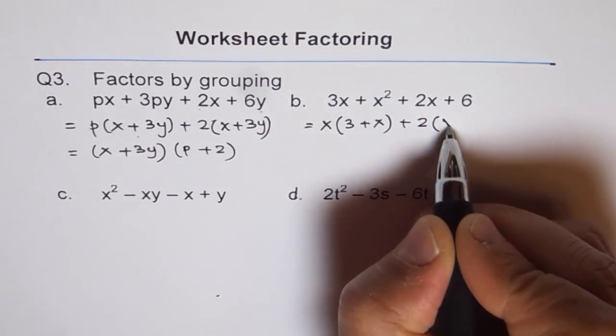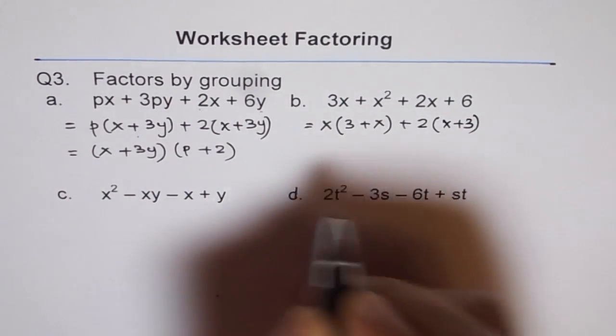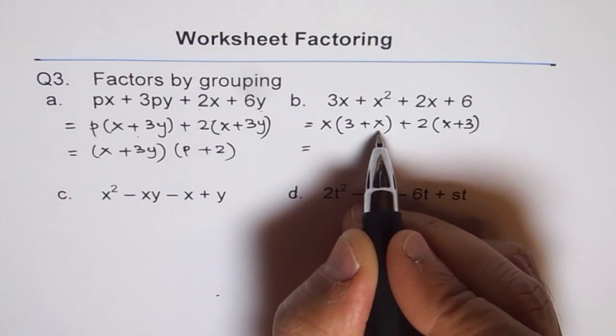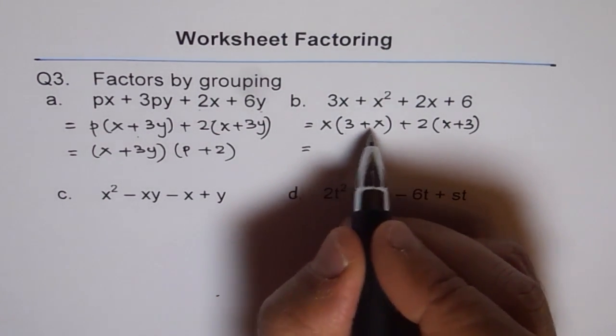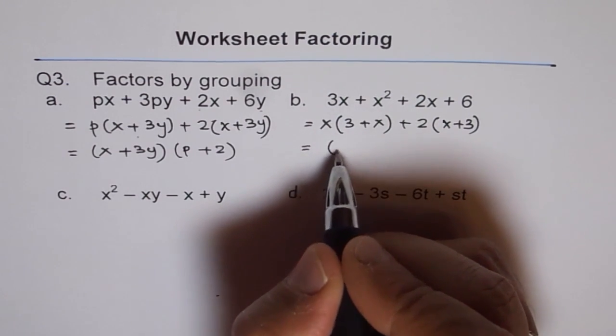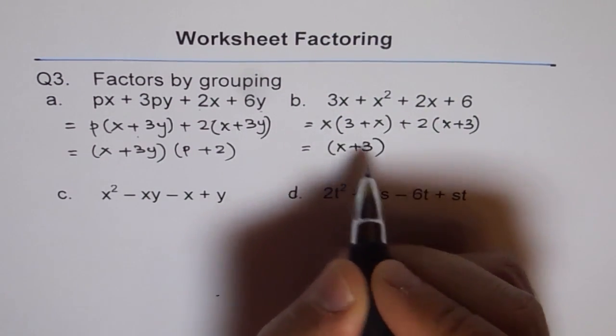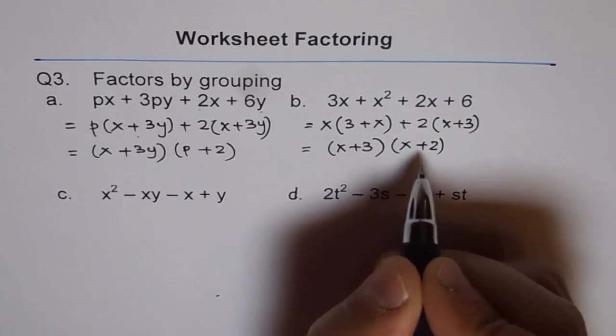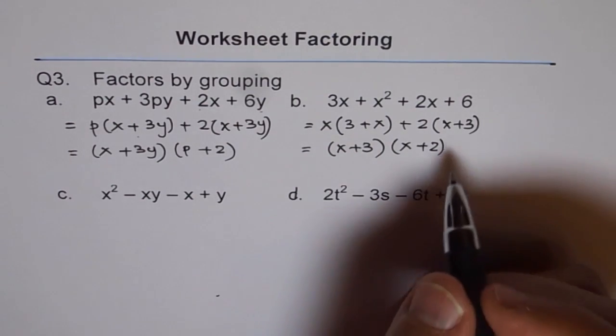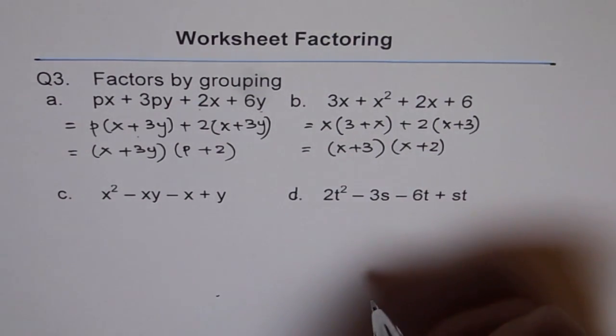That leaves us with x plus 3. Note, 3 plus x and x plus 3 is the same thing, commutative law, right? So we can take x plus 3 common now. Then we have x from the first term and plus 2 from the next term. So we get this in the factored form.